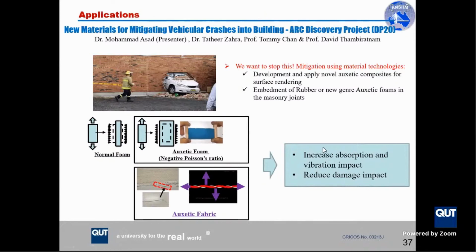You can see here when you stretch it horizontally, it also expands in vertical directions. So with this property, we expect the material can help increase the absorption of vibration and impact, and therefore the damage impact will be reduced.